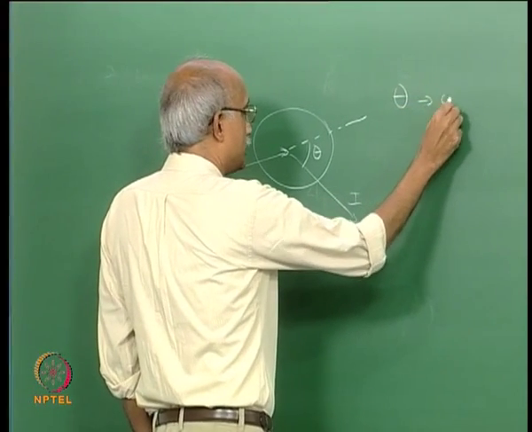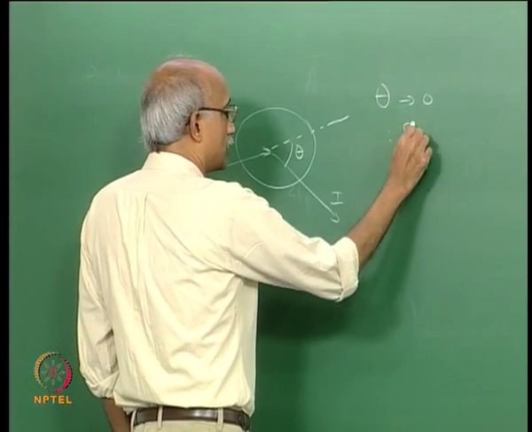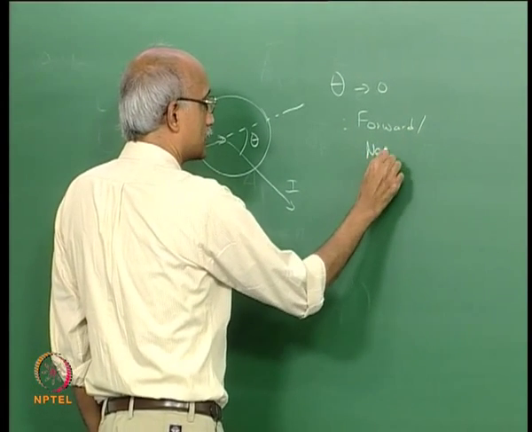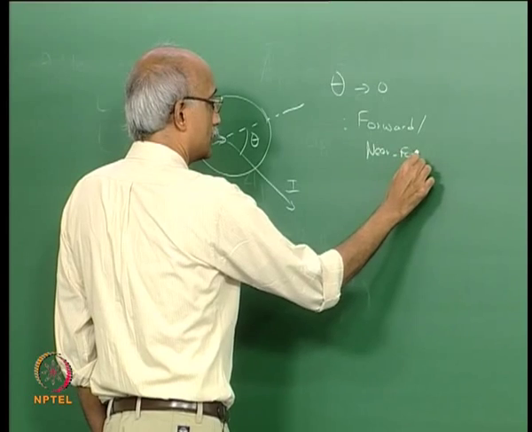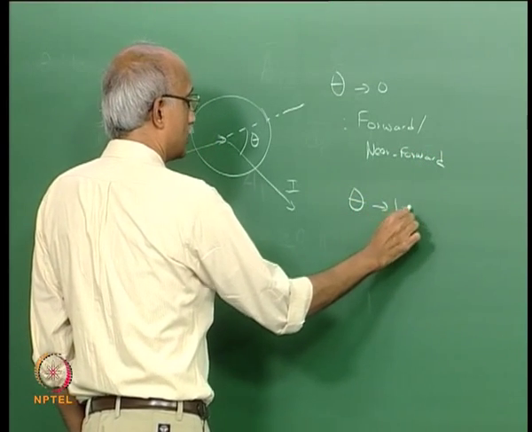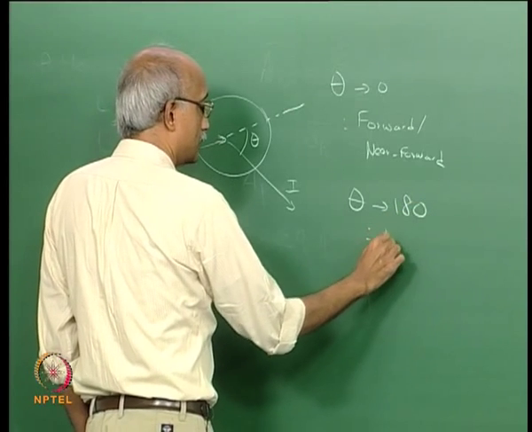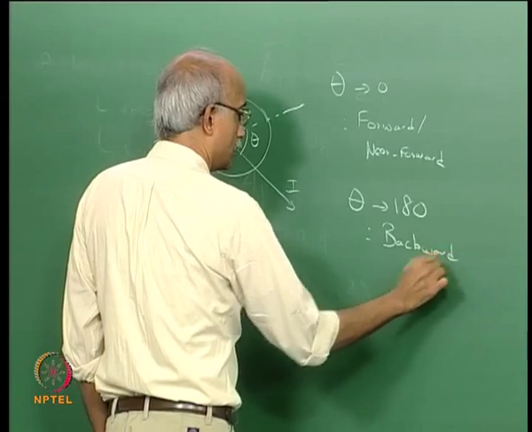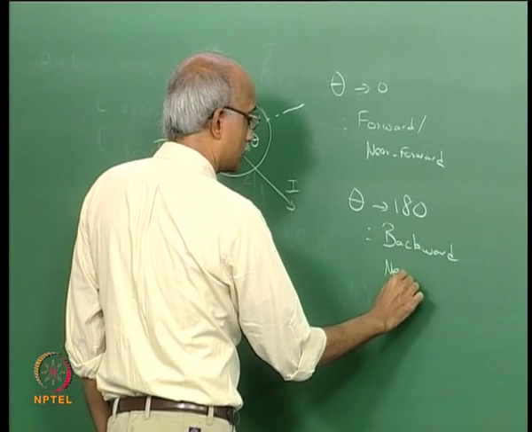Now, when theta tends to 0, this is called forward or near forward scattering, and as theta tends to 180, this is called backward or near backward scattering.